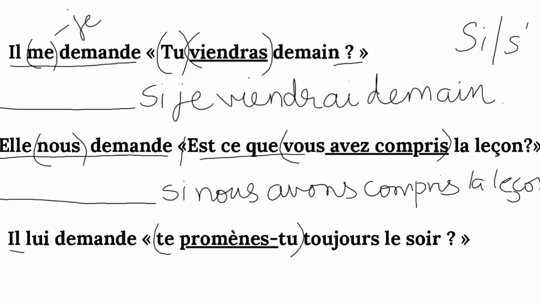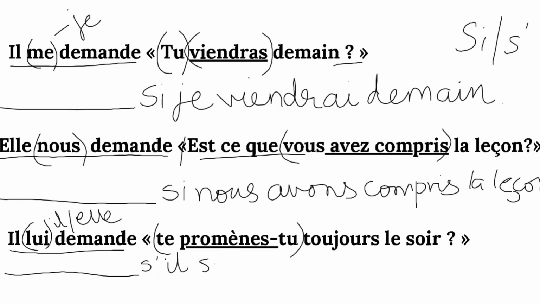Again the third one here, everything before the dialogue remains the same, no change. "Si", this is my present tense of the se promener verb and the person addressed is third person singular, which is il or elle. So I will write here "s'il se promène".